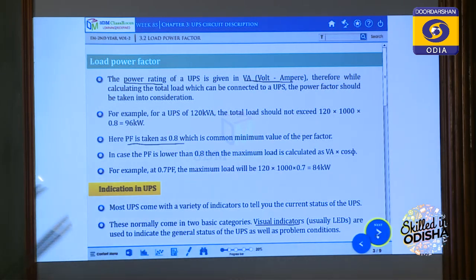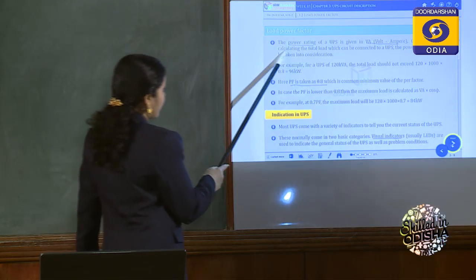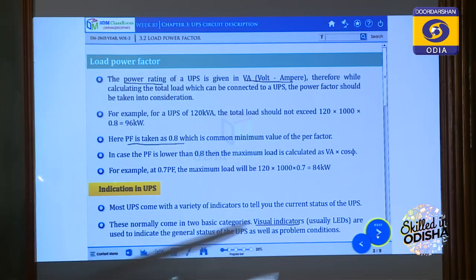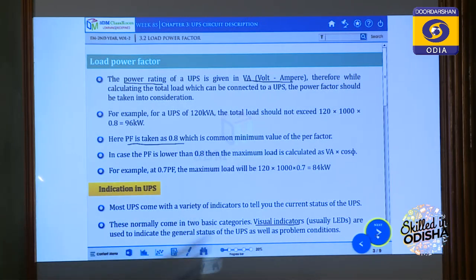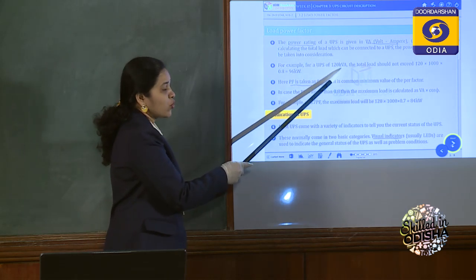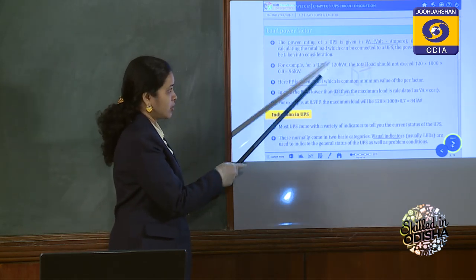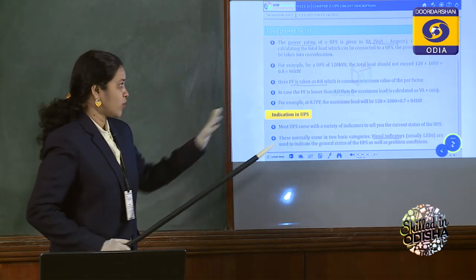So here is a formula to know how much load we can connect to our UPS. Power rating of a UPS generally we calculate in volt ampere. For example, if you are using a UPS of 120 kVA, that means the power rating of the UPS is 120 kVA.